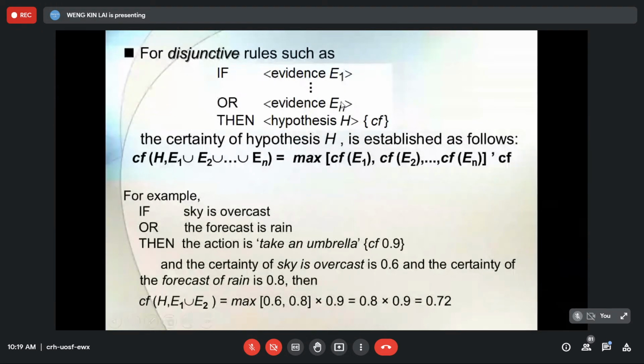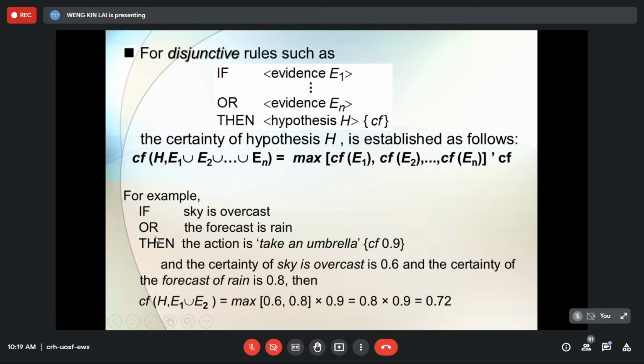This is a more optimistic way of looking at things; the earlier one was a bit conservative, where you take the smallest. But when you consider the disjunctive rules, it's the OR function. If evidence E1 or E2 or E3, then you take the maximum of the lot.